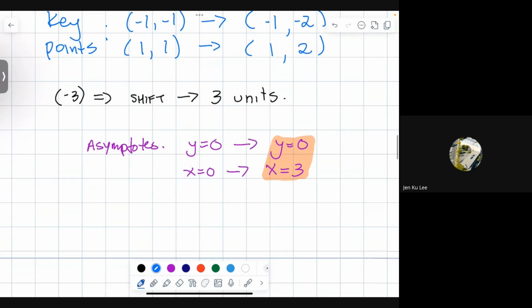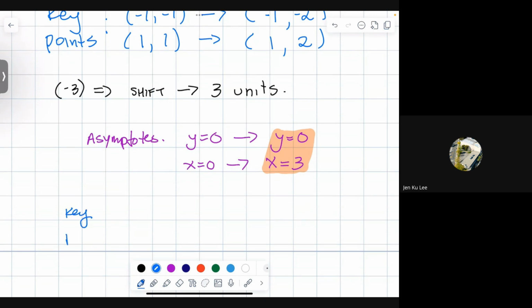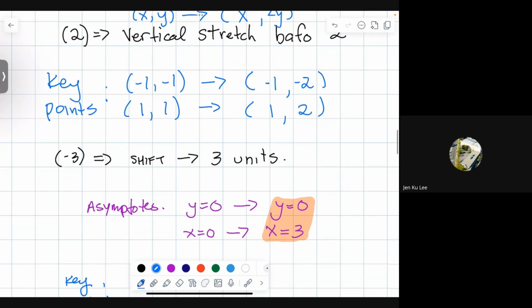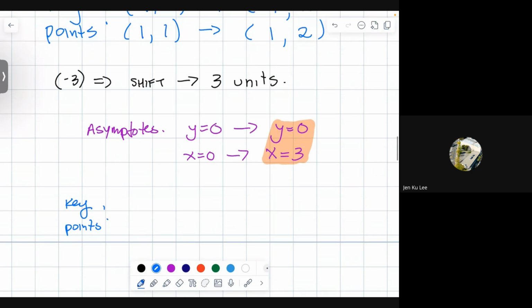Now let's shift my key points. Since I already stretched it out, I'm not going to go back to my parent function key points. So I'm going to use the -1, -2 and 1, 2 points to shift them over to the right 3 units.